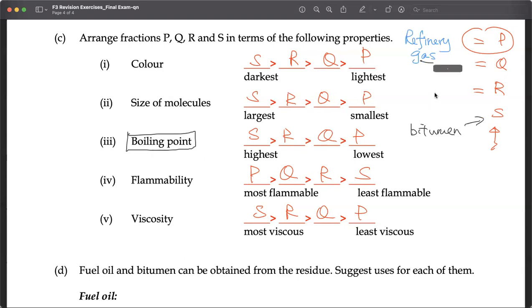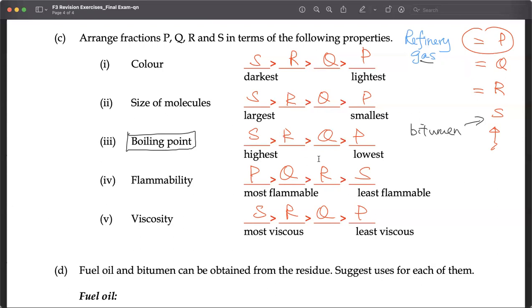That is, I will remember the most extreme case in the upper one and the lowest one, and then I can arrange such order. Gas should have no color, while bitumen is made as road. When we take a look at the road, it should be some black color, while the size of molecule of gas must not be big, while the bitumen must be big so that it can be used to cover the road.